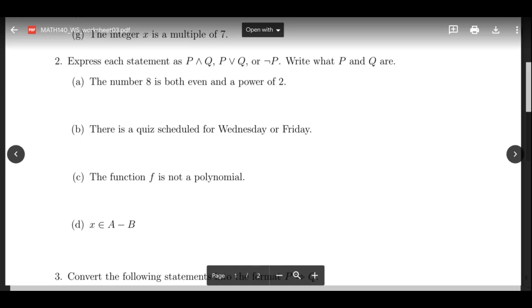D, x is in A minus B. What is this? Let's see. I was trying to just follow the attendees on the sidebar.